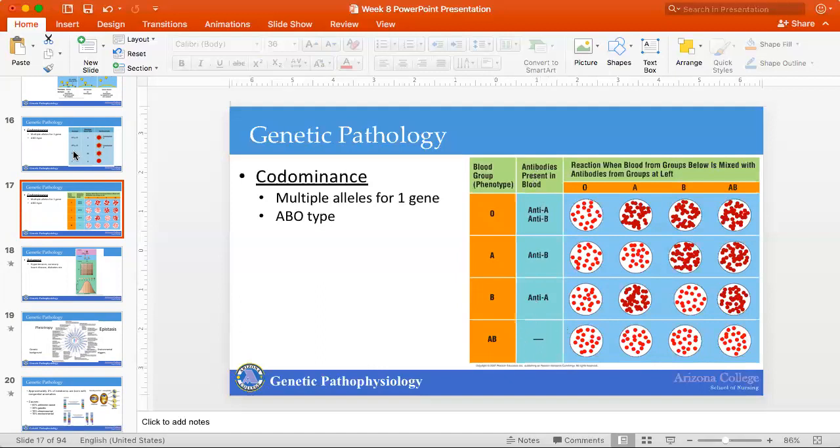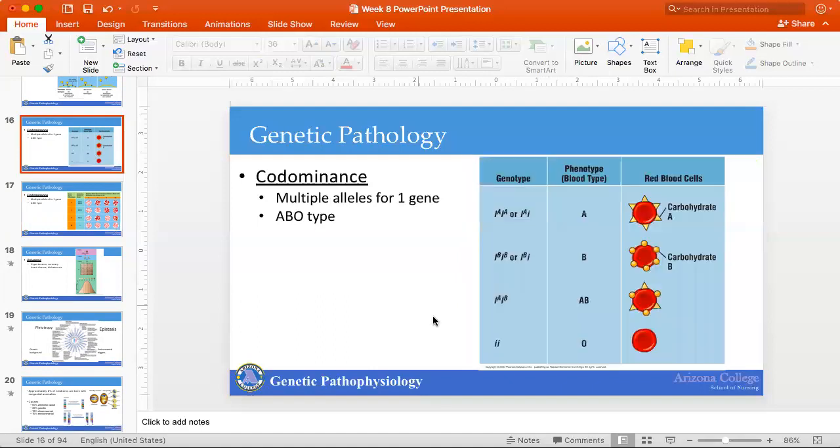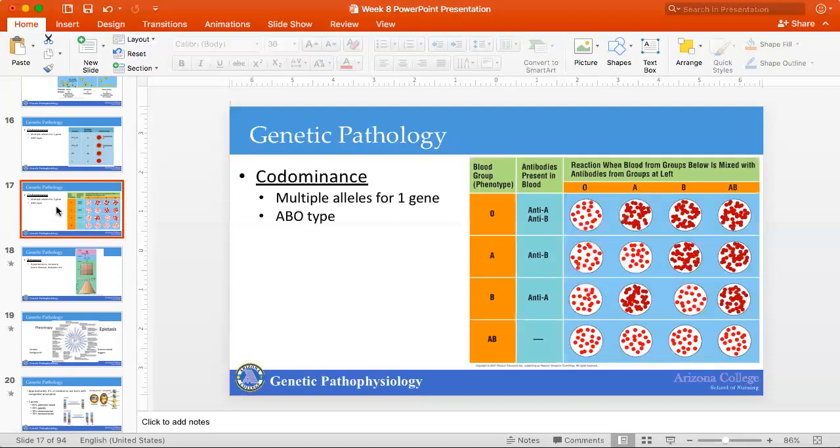Now, obviously, and some people have asked this question, if you think back on antigens, no one has an anti-O antibody because O, in this case, you can think of almost as zero because they don't have a surface antigen. So you wouldn't have an antibody against an antigen that doesn't exist.